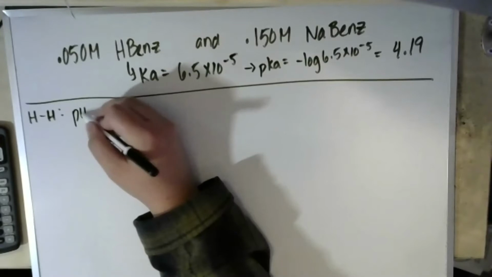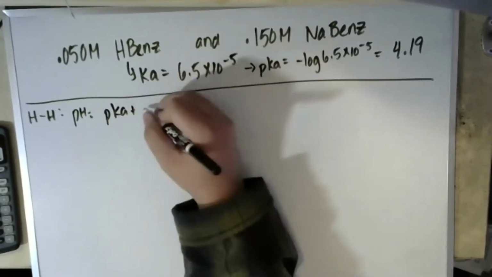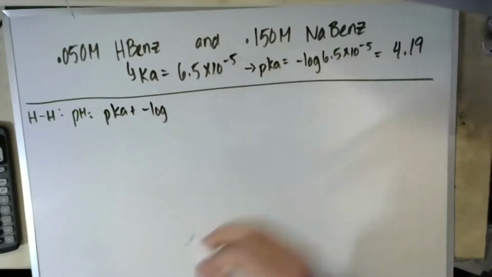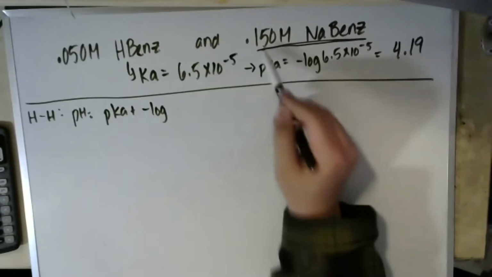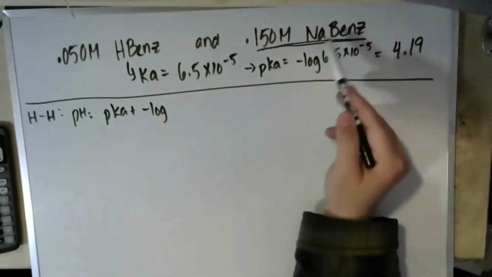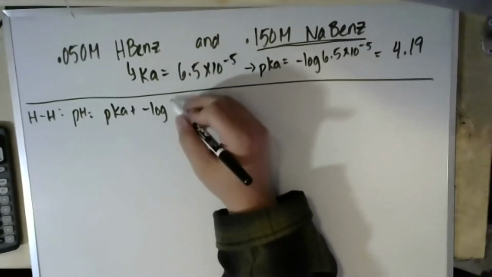So the pH is going to be the pKa plus the log of my base concentration, which is going to come from here, right? The base concentration is going to come from that ionic compound, that salt.